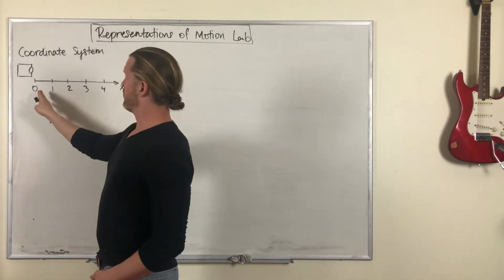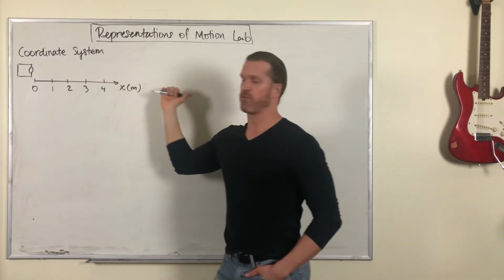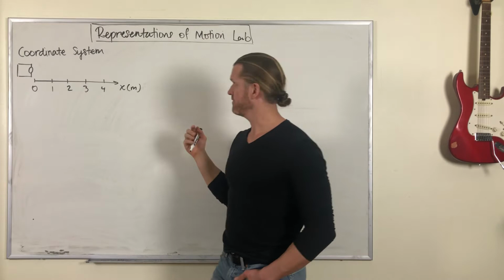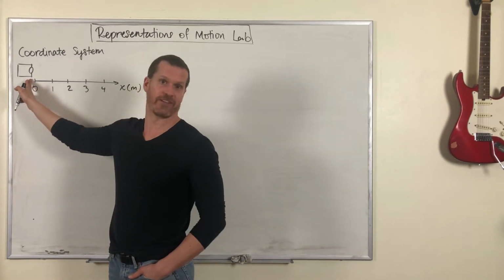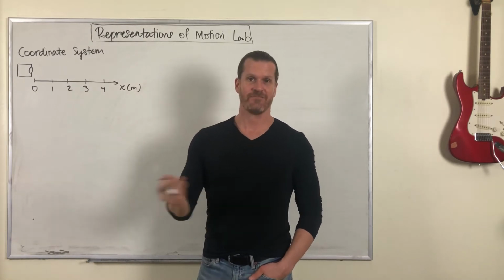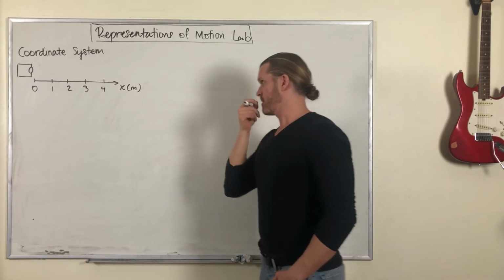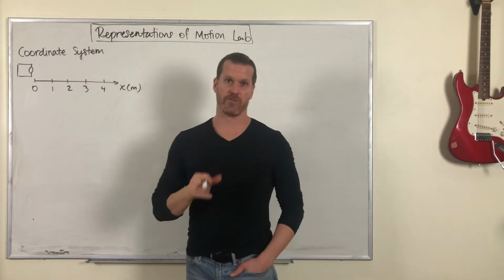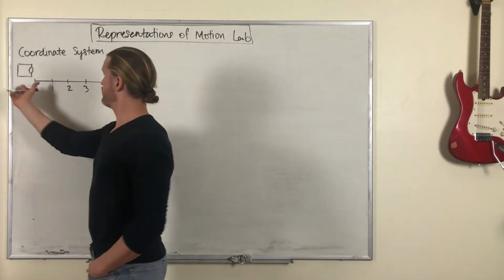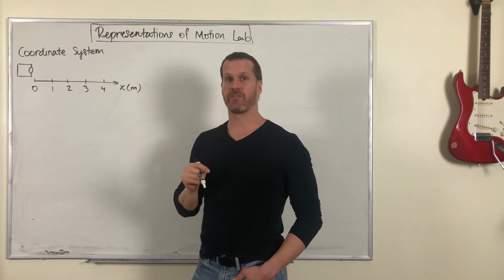So the coordinate system that we use is that you have increasing position as you move away from the sensor. Right? If you're right next to the sensor, that's 0 position, and as you move away from it, that's increasing position, increasing x. What this means for velocity is that when you move away from the sensor, that's positive velocity.